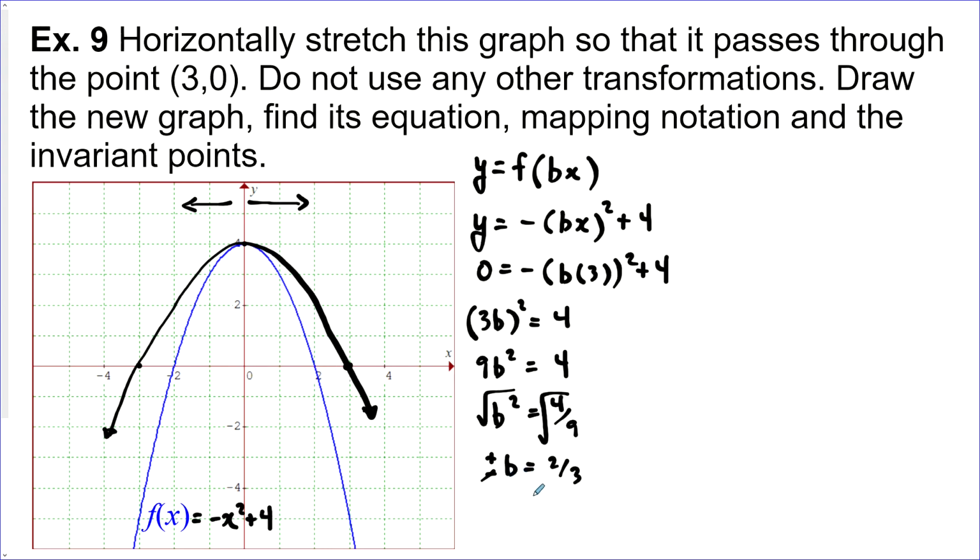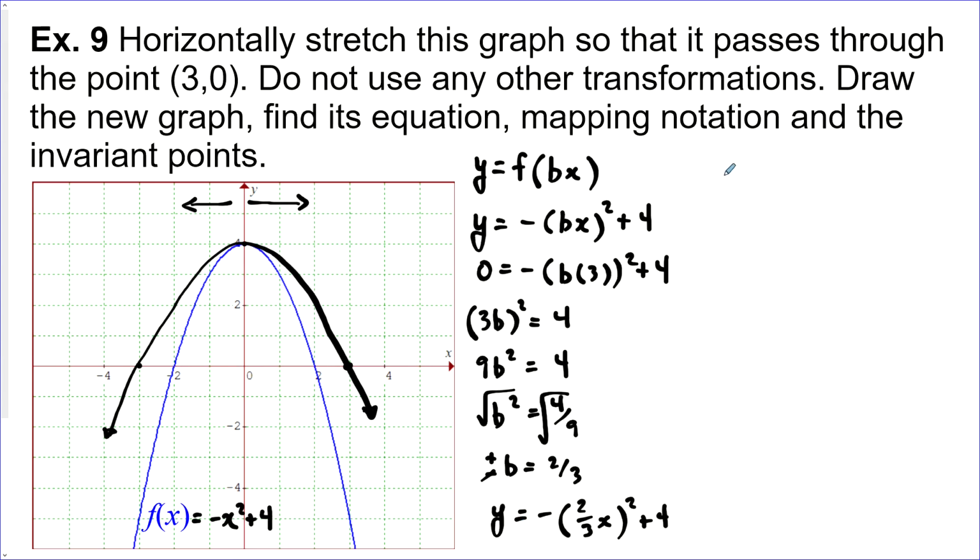So my b value is 2/3. That means that my equation here is y equals negative 2/3 x squared plus 4. And I can clean this up a bit if I don't like that inside, but this is okay for an equation.